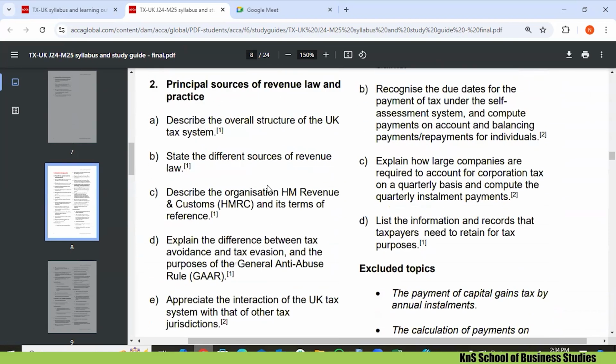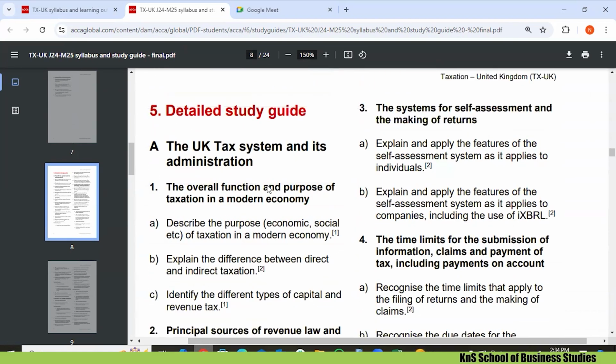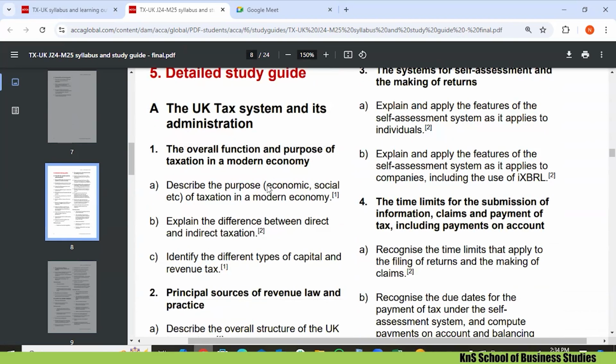Okay, about the types of taxes out there. What the examiner is mostly concerned with is the time limits, that you have to tell the exact dates till when you are supposed to pay the tax. For the self-assessment system, no explanations are required, you just should have the knowledge and know the due dates.